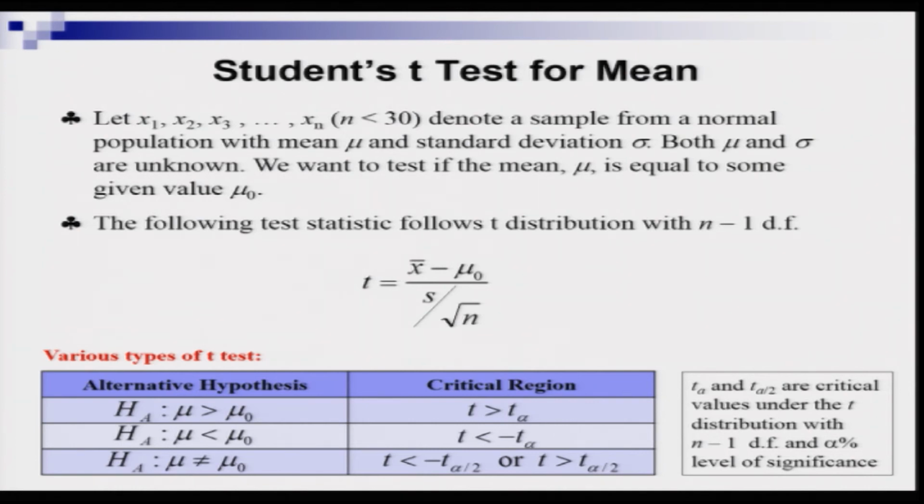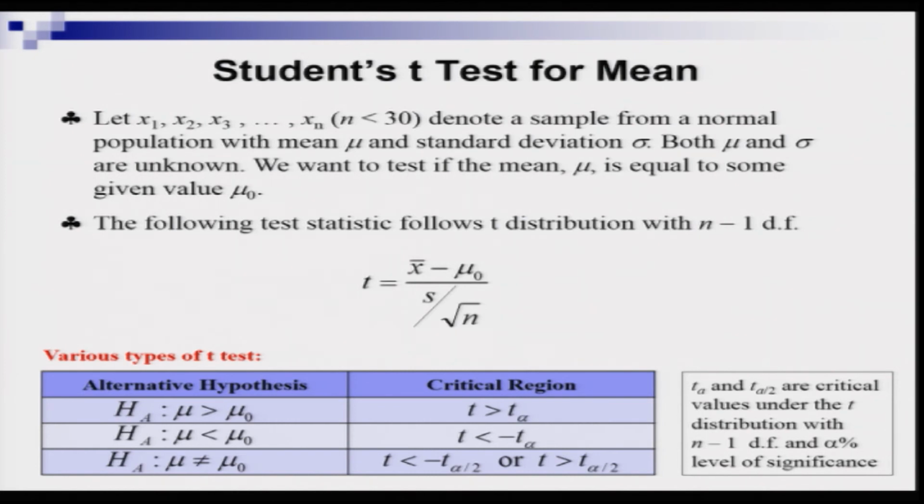In column 1 you are going to see the alternative hypothesis, because the null hypothesis is common for all of these cases, and that is basically H naught: mu equal to mu naught. For the 3 different types of alternative hypothesis, I have shown the critical region in the second column, and they are very similar to the Z test that we have just performed and explained.